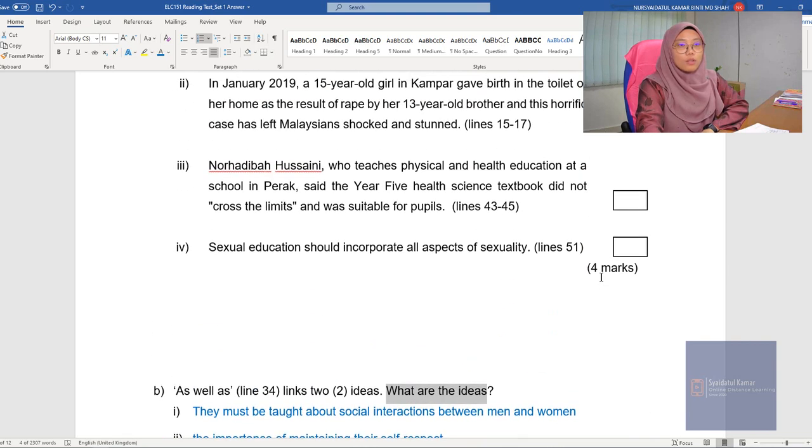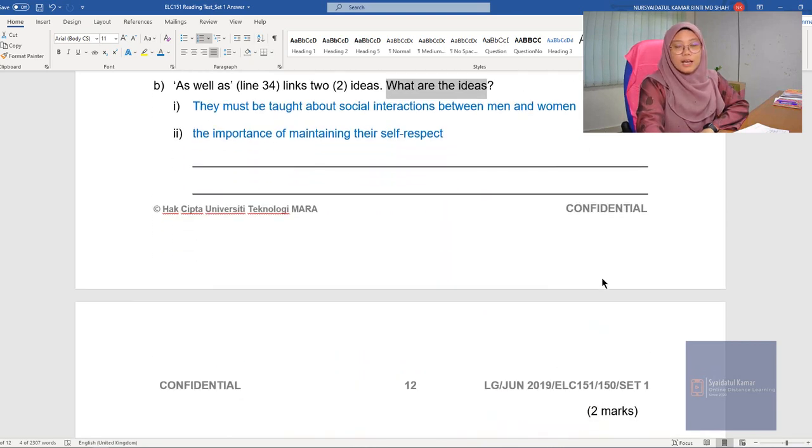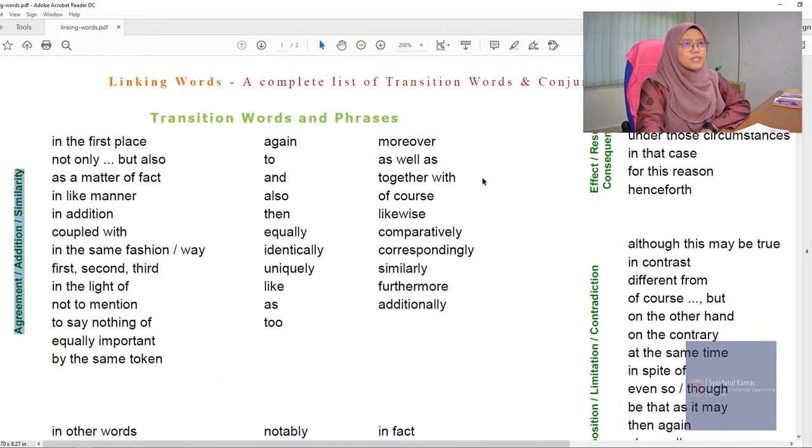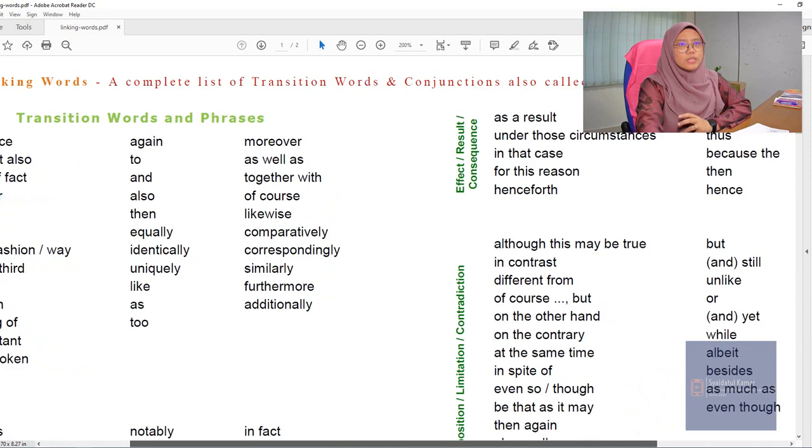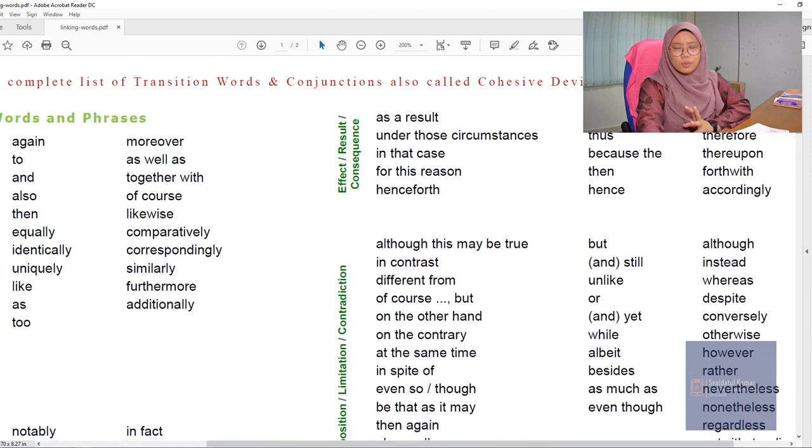Alright, I think that is all from me for this time about linkers and also cohesive devices, transition words. I would like to remind you again that there are many terms used to describe such reading strategies, for example linking words, transition words, cohesive devices, connecting words.